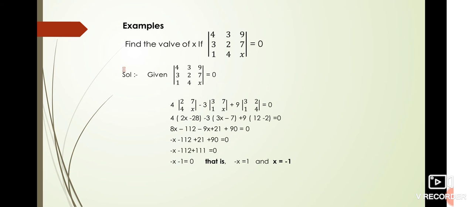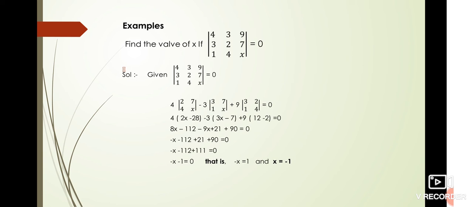Now first we write the first element 4 multiplied by the minor of the first element, that is 2 7, 4 x, minus the second element, 3. The minor of the second element, we delete the first row and the second column. So remaining elements are 3 7, 1 x, plus 9, the third element, multiplied by the minor of the third element, 3 2, 1 4, is equals to 0.